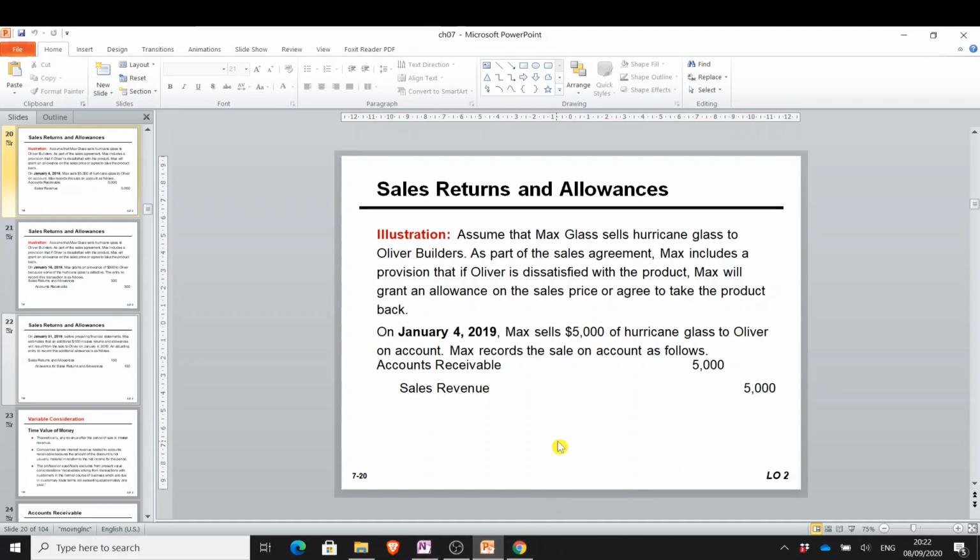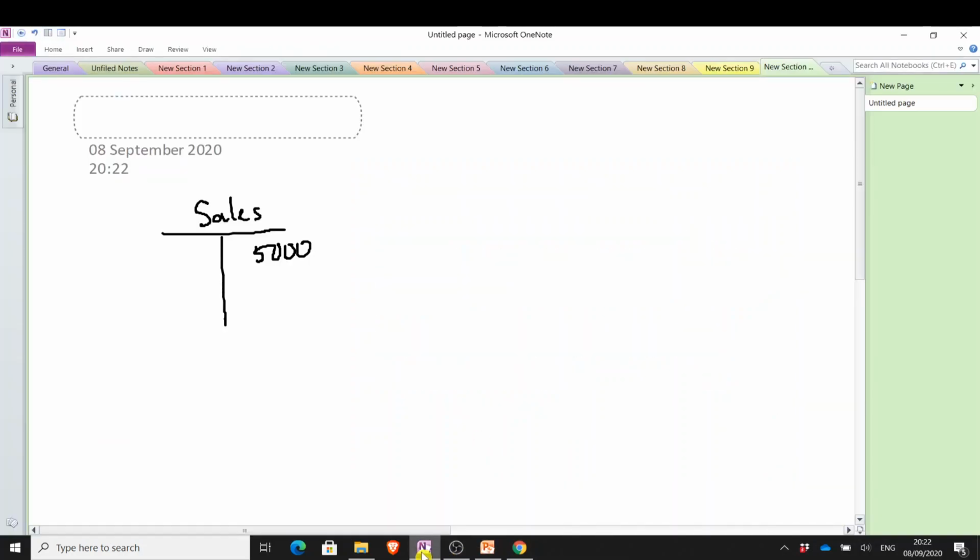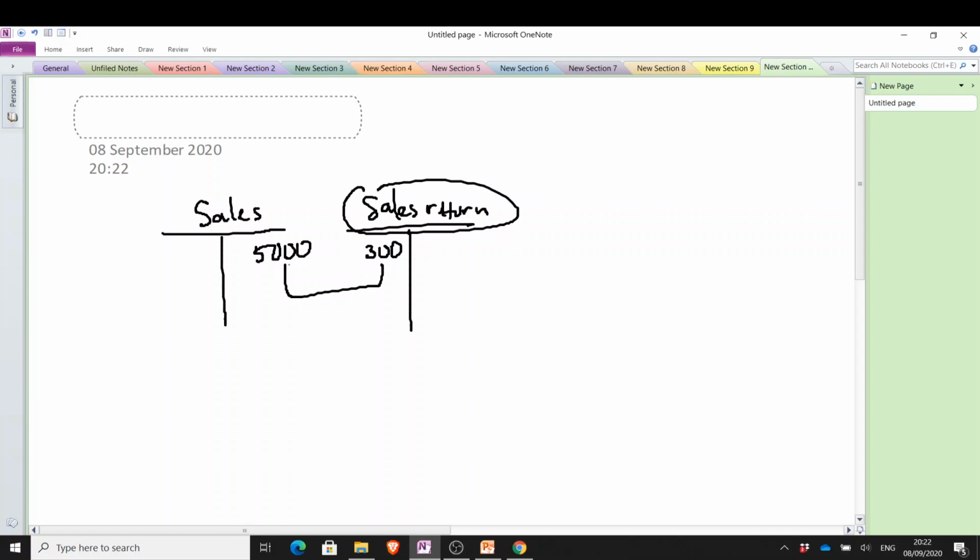And then there is an allowance, sales returns and allowance. So we have sales return and allowance here, as much as 300. So it is called a contra account. This sales return is called a contra account because it will deduct the sales with this account.